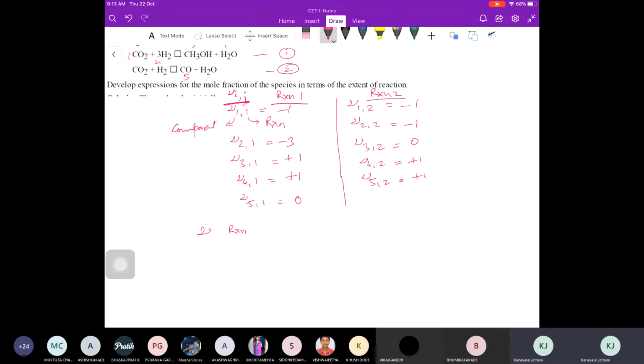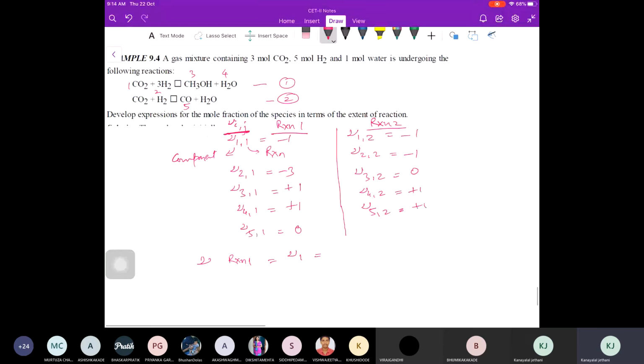that is equal to nu 1. What will nu 1 be? Reaction 1? -2. Summation of nu ij. It won't be ij, it will be i1. All components in reaction 1. So it is -3 +1 +1 +0.